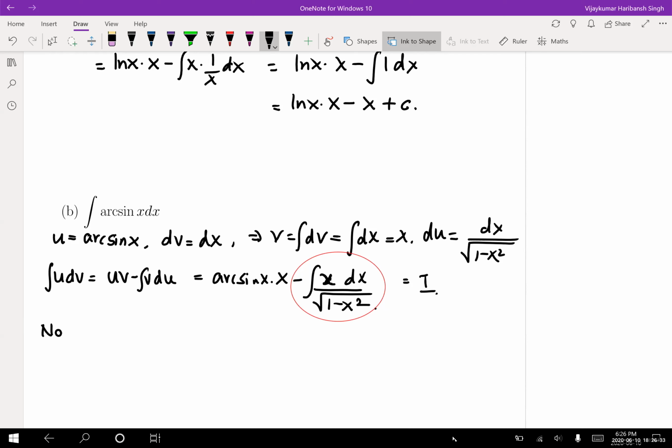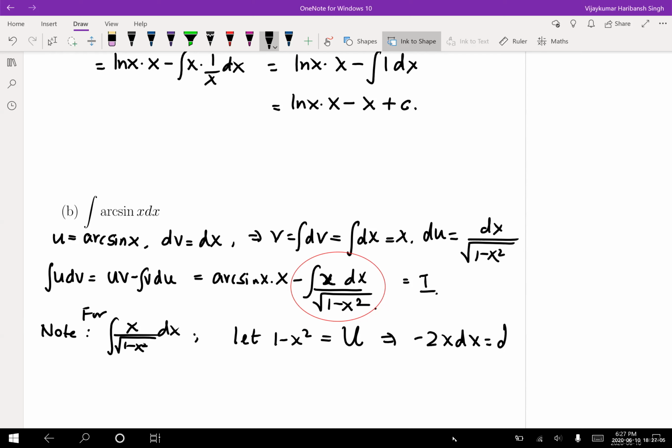Now note the integral of x over the square root of 1 minus x squared dx. For this integral, let 1 minus x squared be capital U. The derivative of 1 minus x squared is minus 2x, and you don't really worry about the constants. I'm doing substitution, so this implies minus 2x dx equals du.